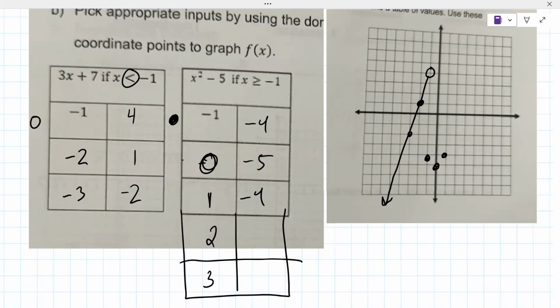I agree with the -1. Try again for 3. 3 squared minus 5. Okay, 4. That is 4.